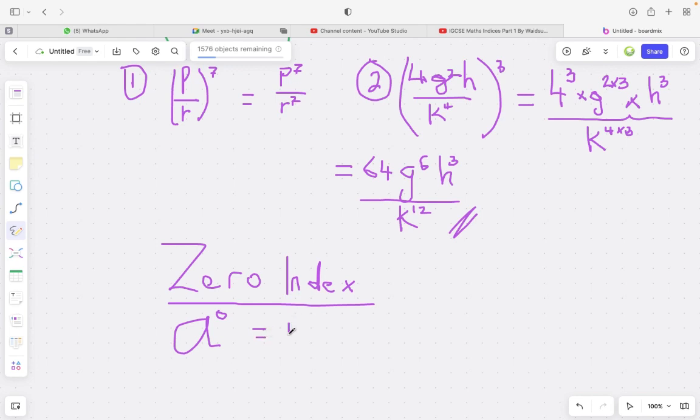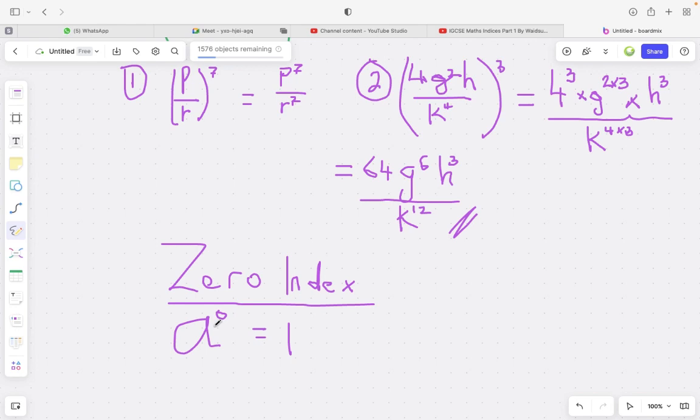So when any number or letter is raised to the power of 0, it is simply called zero index. A number raised to the power of 0, any number, big or small, or any letter, big or small, is always equal to 1.